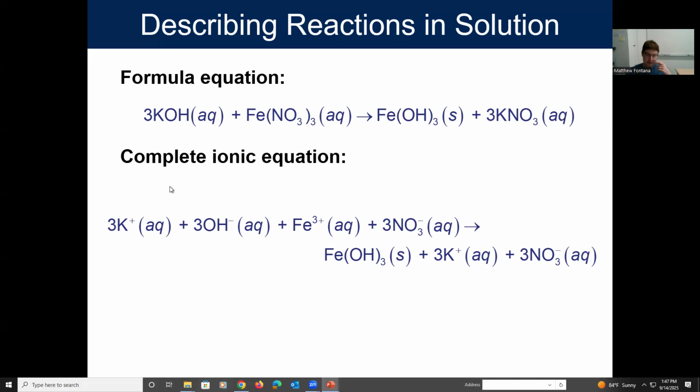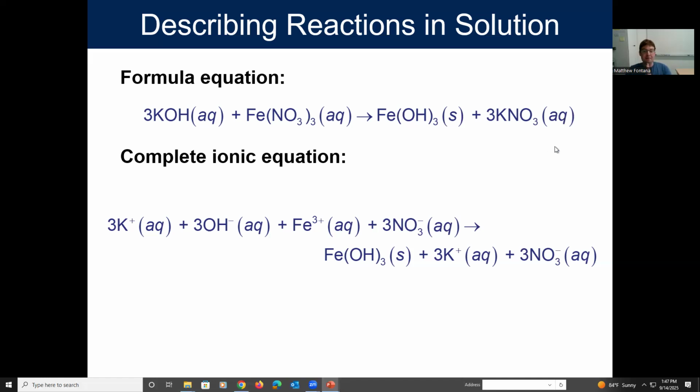That's a skill that'll take a little bit of time to develop, but just make sure to spend some time looking at the table of common polyatomic ions, and then you can know that it's going to be K plus and OH minus, NO3 minus with Fe3 plus. We can skip this one, and then knowing that nitrate is NO3 minus, or knowing that K is K plus, you just need to know half of it, and you can then deduce what the other one's going to be because you have the full formula.